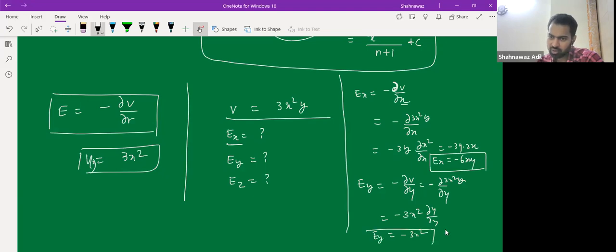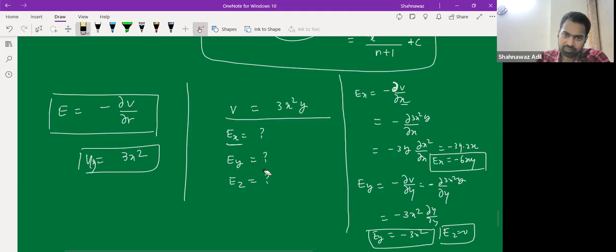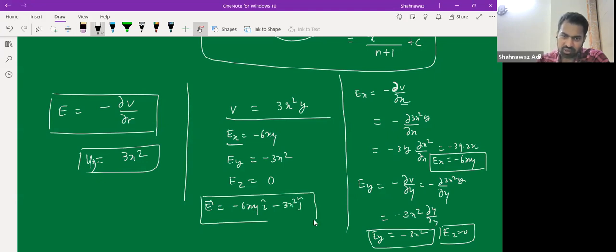And Ez would be 0 because we don't have any function of z. So Ex is minus 6xy, Ey is minus 3x square, and Ez is 0. Your electric field would be minus 6xy i hat minus 3x square j hat plus 0. So this is your electric field. Is that clear, guys?